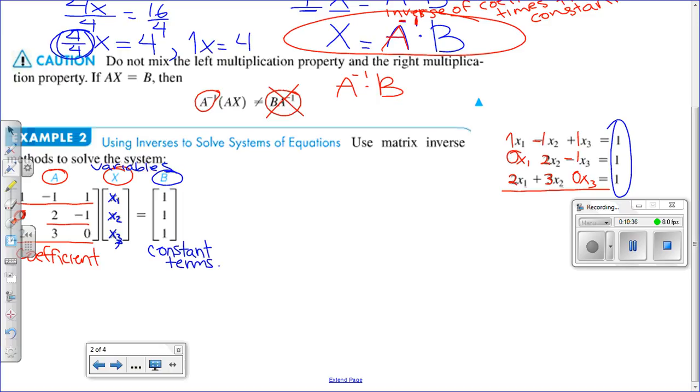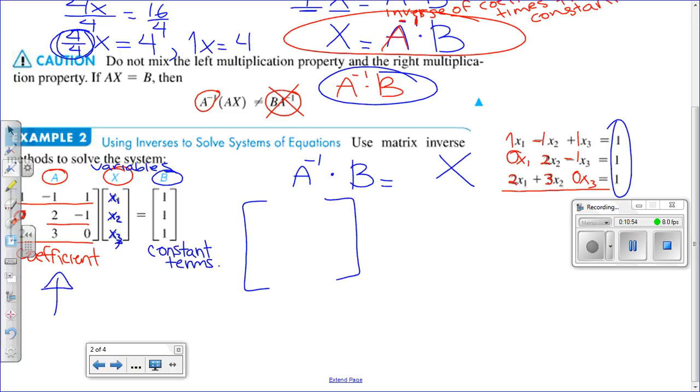So to solve for the system, what I need to do is use this idea. I need to multiply the inverse of this matrix times the constants, and that will give me the variables. So this one will be 1, negative 1, 1, 0, 2, negative 1, 2, 3, 0.